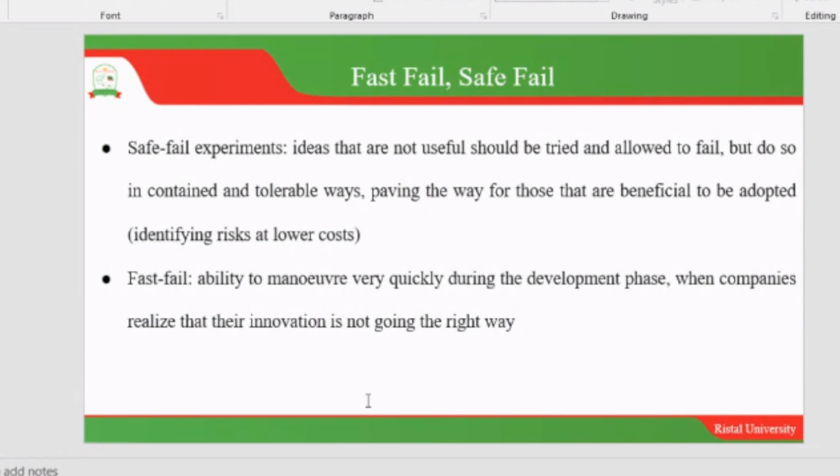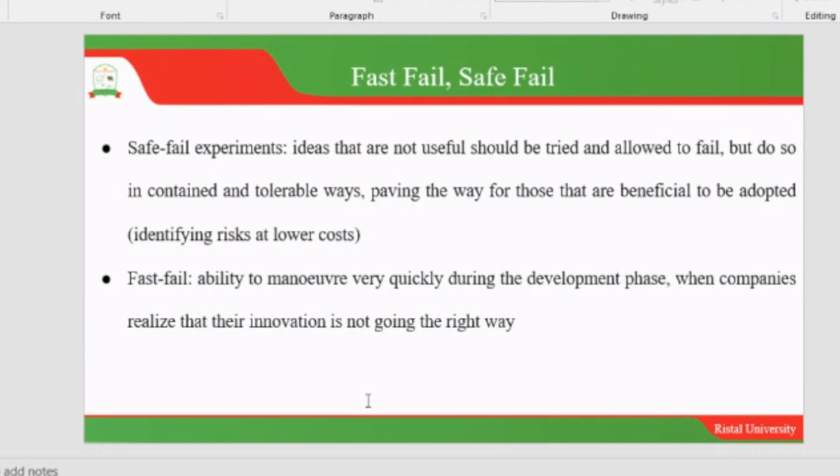And in this case, like I've just said, the ideas that are not useful should be tried and allowed to fail. For example, in the other example that I gave, where you want to see whether malaria can be reduced through mosquito net distribution, through indoor residual spraying, or prophylaxis, that is giving drugs that prevent development of malaria.